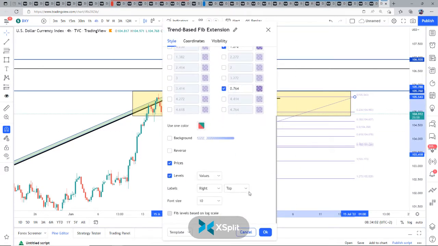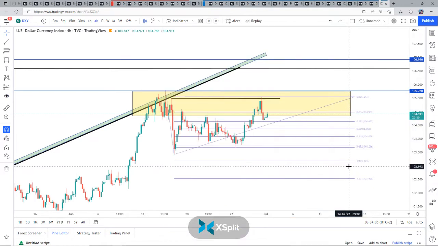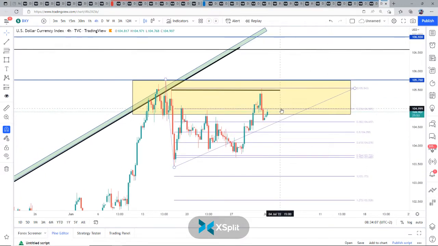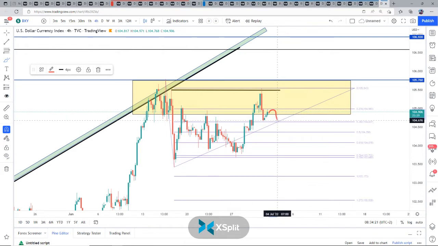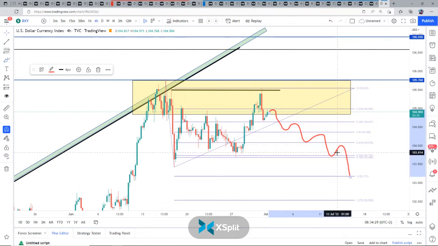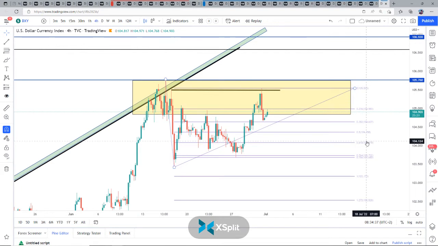We can use those levels to have some indication, some support and resistances intraday, looking for some move inside there. Perhaps we could see something like this: go up there, come back, break this one, come back up, and so on. You see how it could be, and that's something that could happen. Anyway, we have those levels, and we can use them together, of course, with the regular support and resistances we are using every day.